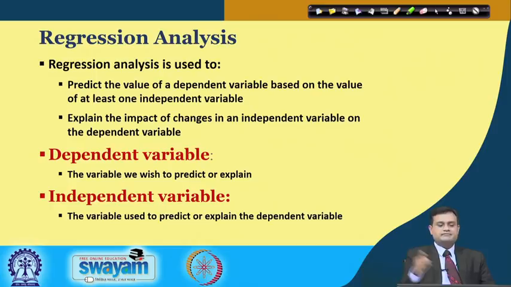So, the dependent variable is basically the variable we wish to predict or explain. From my example, it is very clear. An independent variable is the variable used to predict or explain the dependent variable. I can take another example. Say you want to predict the price of a house. You want to purchase a house. Now, there are many factors you can think of.